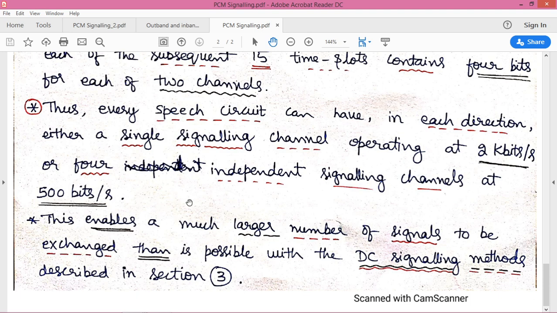TDM carrier signaling system is nothing but the PCM signaling system, which is a digital signaling system. So a digital signaling system supports a large number of signals compared to the analog DC signaling methods that we discussed earlier. Thank you.